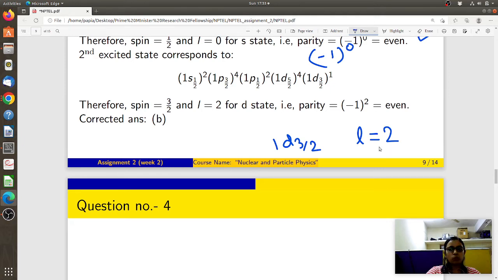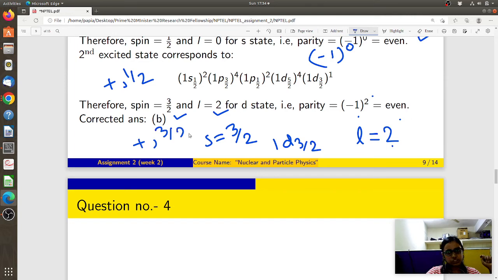The spin will be 3/2, and L equals 2 gives (-1) to the power 2, which is even. So the first excited state has positive parity with spin 1/2, and the second excited state has positive parity with spin 3/2.